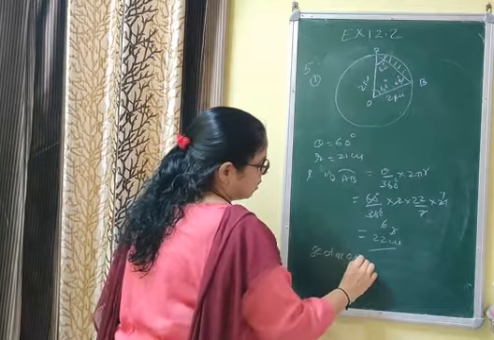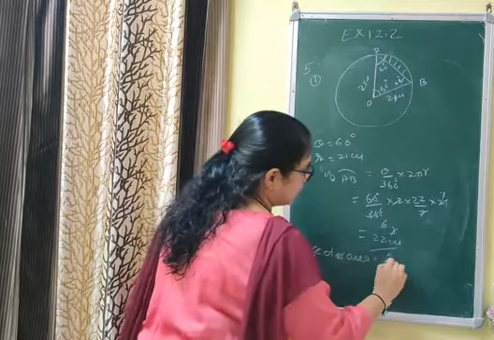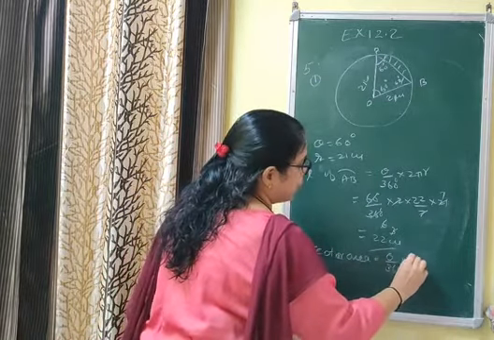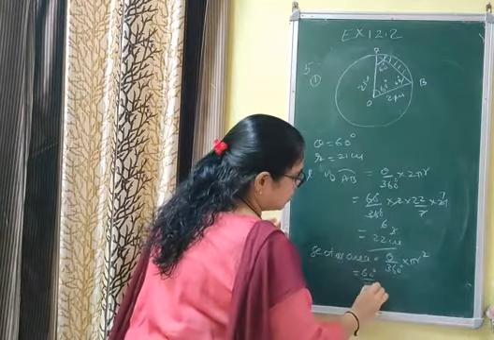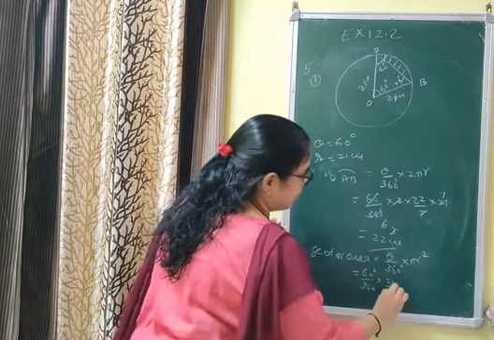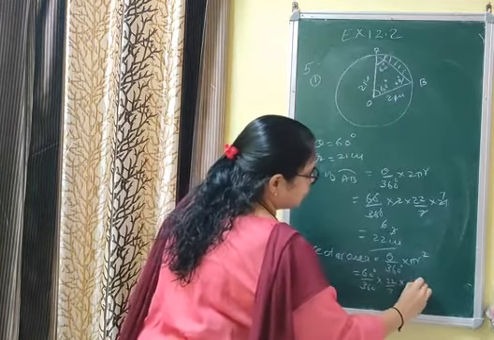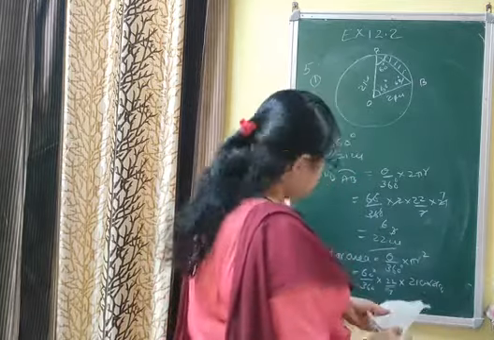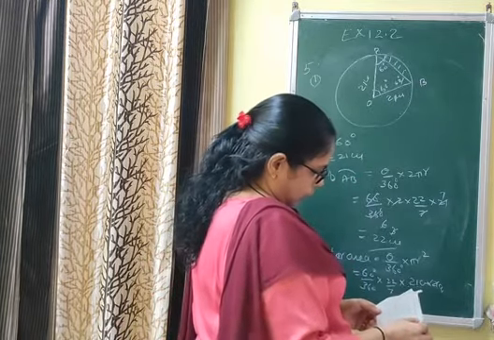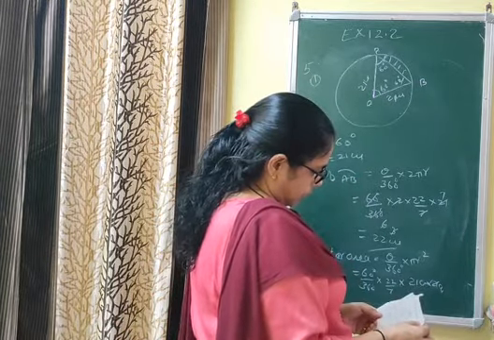Sector area, again the formula theta by 360 into pi r square. That is 60 by 360 into 22 by 7 into r square, which is 21 centimeter into 21 centimeter. And if you solve this, let me check.